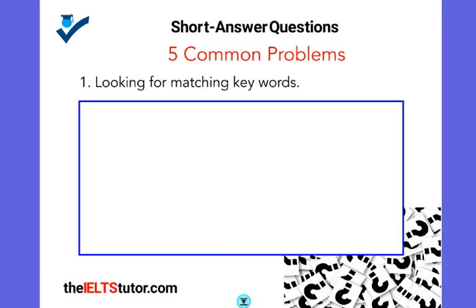This is actually not a very wise thing to do, because students who are not used to this type of task tend to look for words in the text that directly match the ones that you see in the questions. So this shouldn't happen at all.